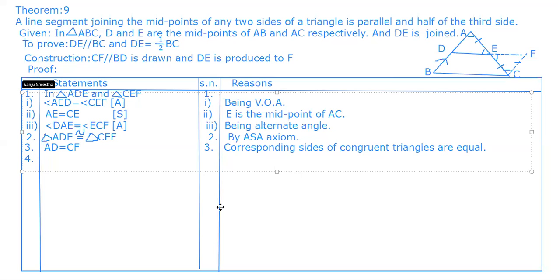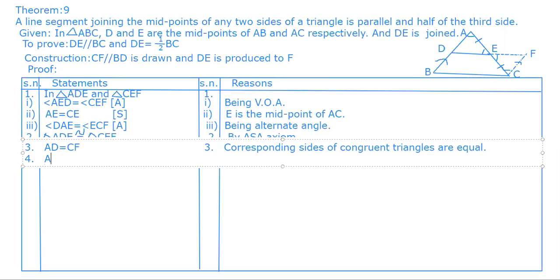Now in the fourth statement, AD and CF are equal. Now AD and BD are equal because D is the midpoint of AB.